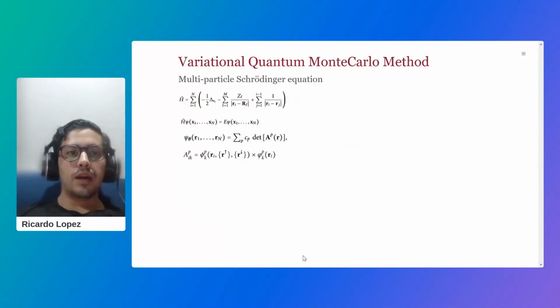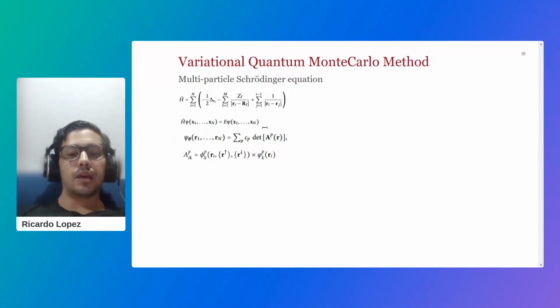And to end my presentation, I just want to talk about the variational quantum Monte Carlo method, which is specifically targeted to solve the multi-particle Schrödinger equation. So using the Born-Oppenheimer approximation, you will have a Hamiltonian that could be written like this, and the corresponding eigenvalue problem.